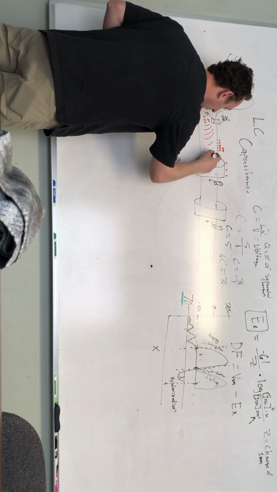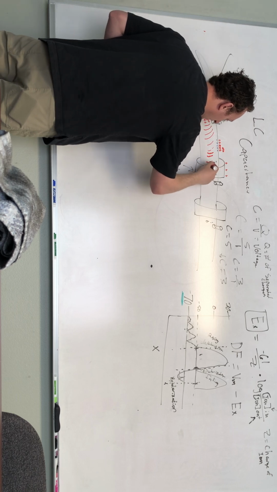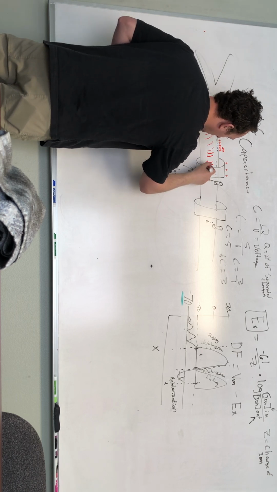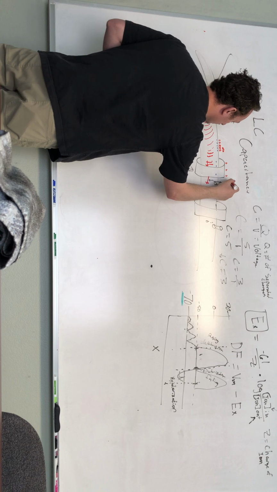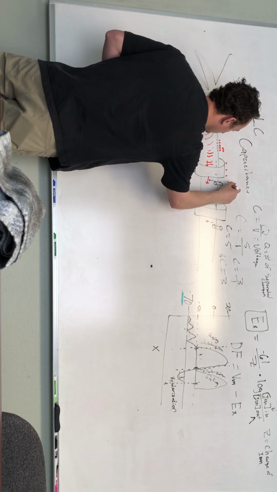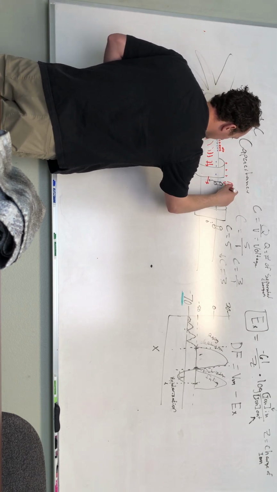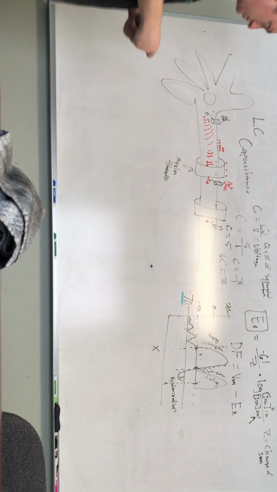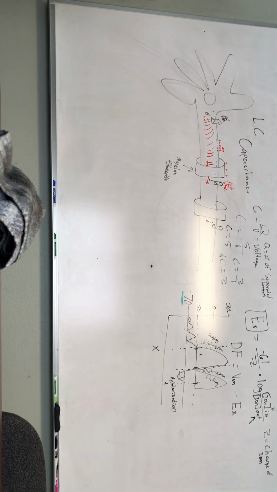So if our signal reaches the myelin sheath, it's going to be able to go and eventually reach the next sodium voltage gated channel. I believe that's it. I think that's everything I need to talk about.